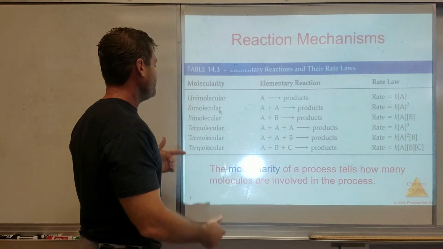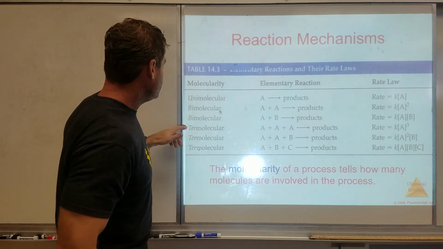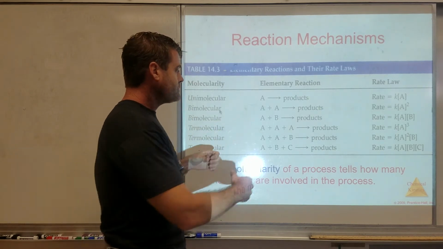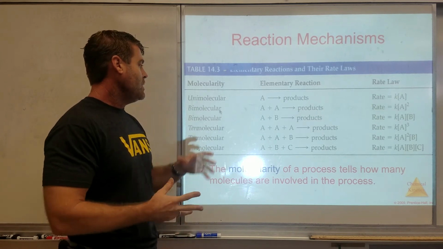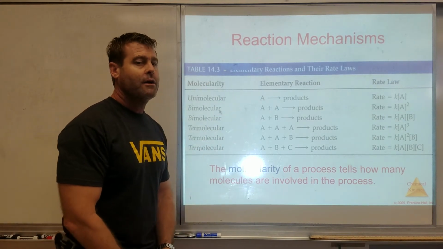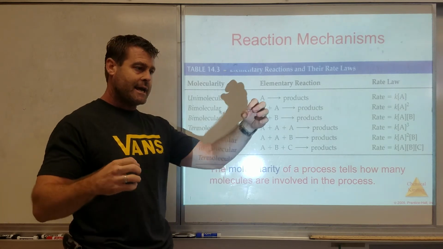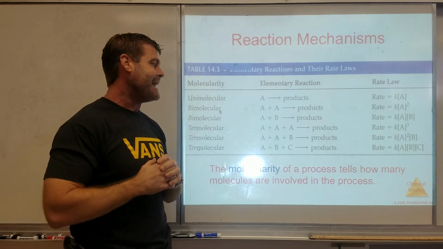And then you can also have a bimolecular reaction if it was two different substances, for example. And as you might expect, termolecular would indicate that three separate species have to interact. Now which one of these would you imagine is the most rare? I would think it would be the termolecular, because the chance that three different things are going to collide all simultaneously is highly unlikely.